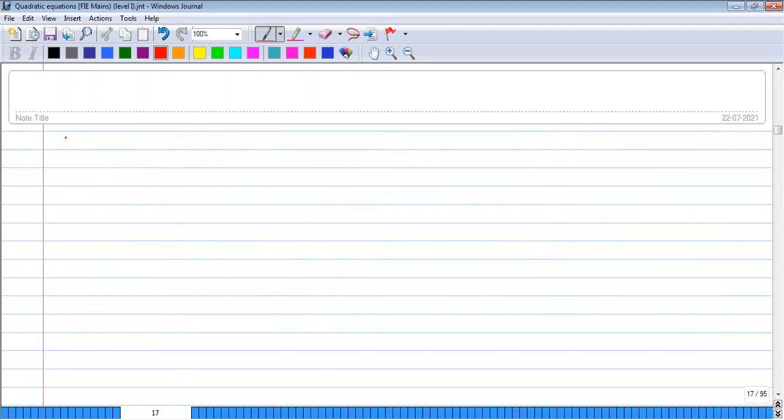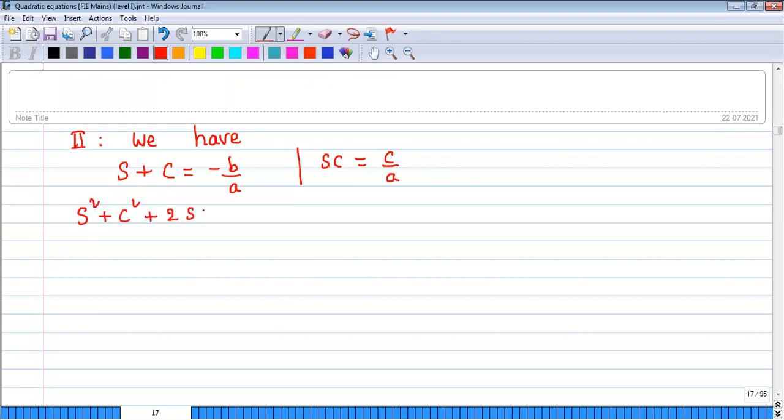Now, for second statement, we have sin plus cos equals to minus b upon a. Sin into cos is equal to c upon a. Squaring on both sides. Sin square theta plus cos square theta plus 2 sin theta cos theta is equal to b square upon a square.